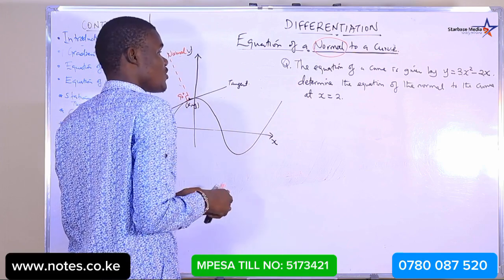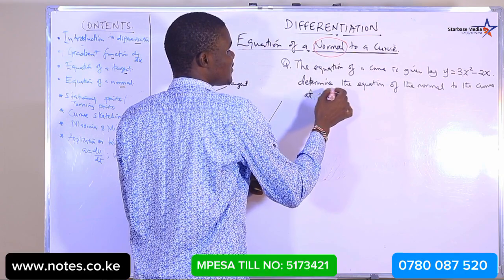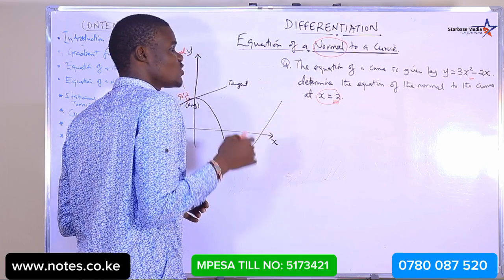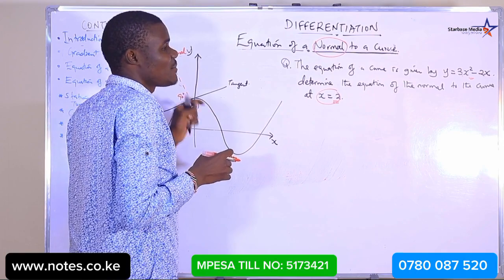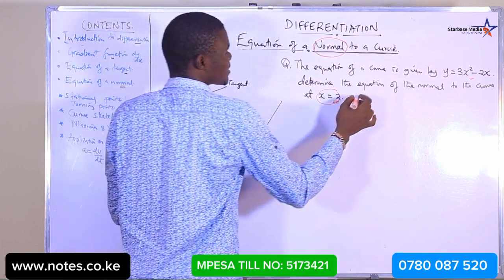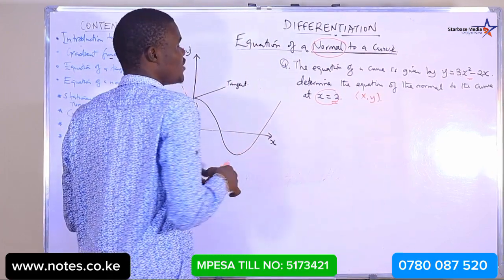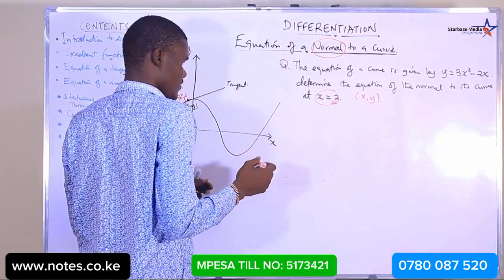I said first of all, whenever you're only given 1 point, please replace it in the equation in order to get the value of y first. Because for you to form an equation, you must have a point, and a point on a line is given by (x, y). This is how we read points on a Cartesian plane. So if you only have one, you replace in this equation to get the other. That is the first thing we are going to do.